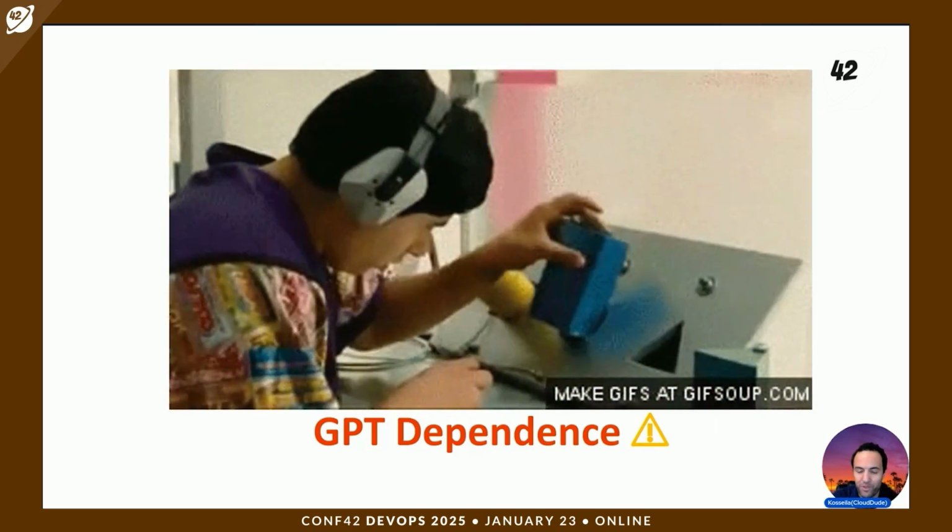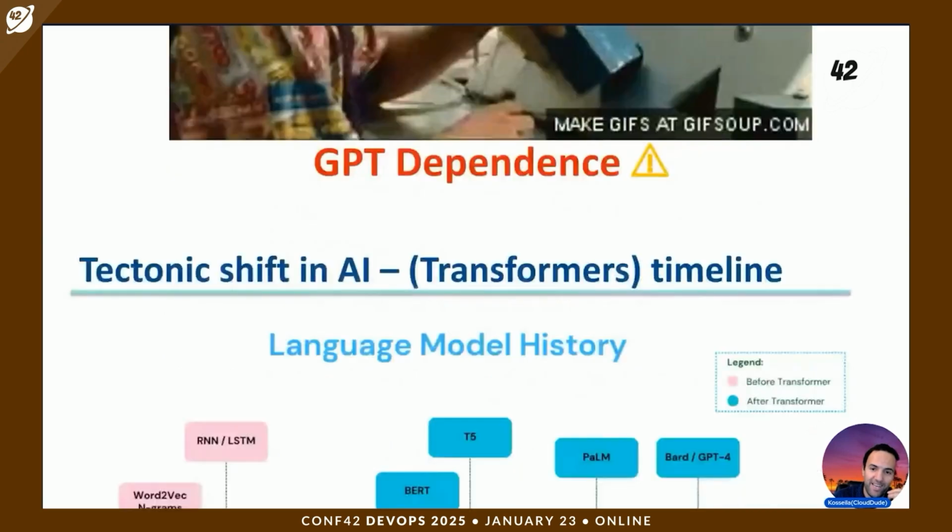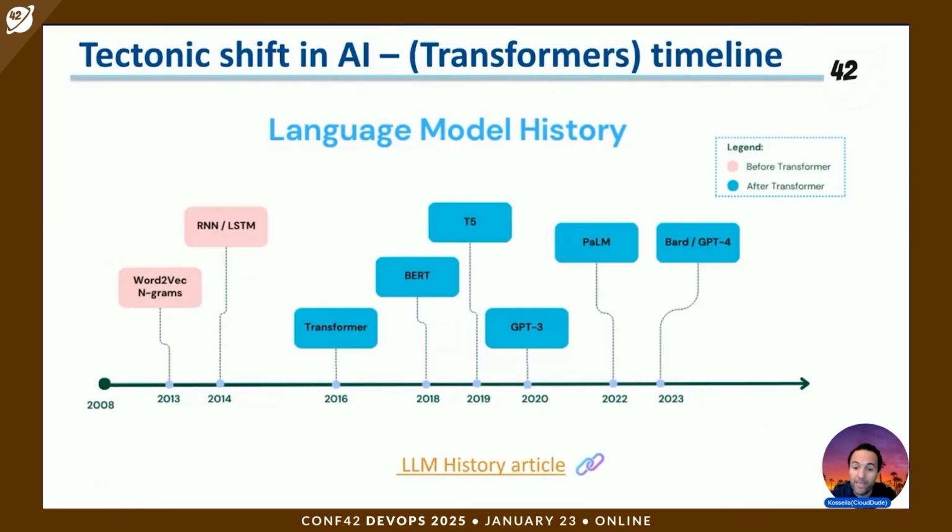All right, done with the meme, back to business. I am not going to talk about what AI is, but it's important to highlight some key events or concepts. This is just a language model history, a timeline of what happened and when, but we can start by explaining neural networks. So what is a neural network? Well, a neural network is a network that helps analyze different complex data like text, image, video, or audio. But there are many types of networks depending on the type of data that you have.